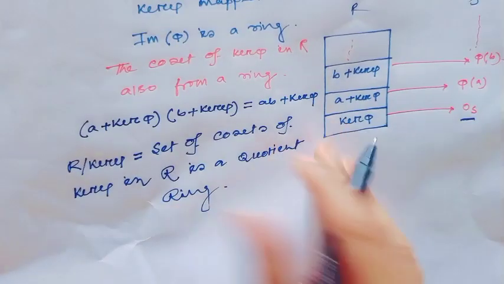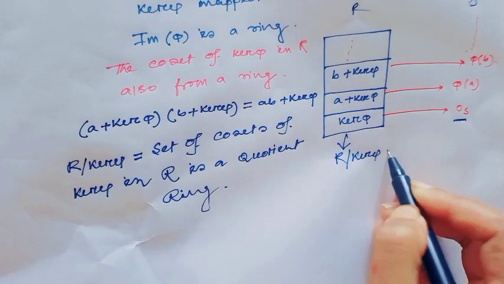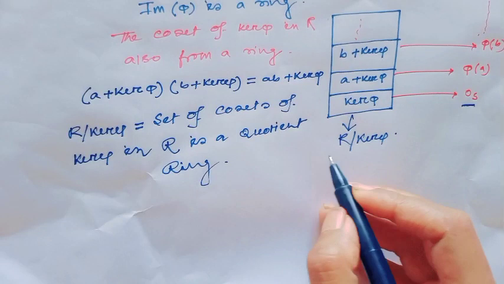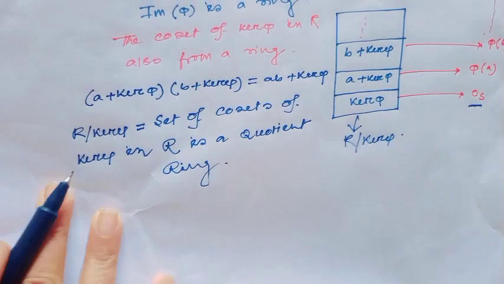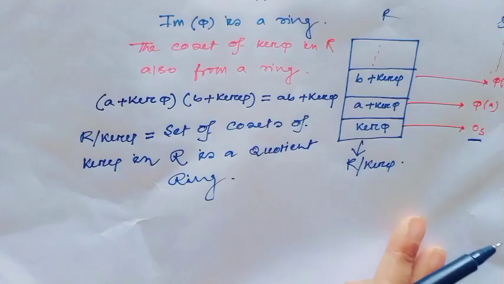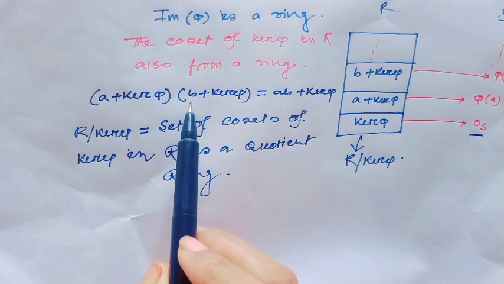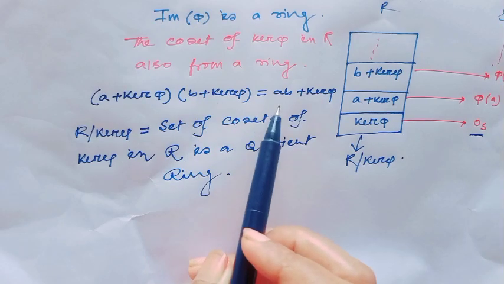And this is actually R mod kernel phi. That means this is the set of cosets in the quotient ring, because this is the idea of the quotient ring. Here the operation would be of this type: a plus kernel phi times b plus kernel phi would be ab plus kernel phi.